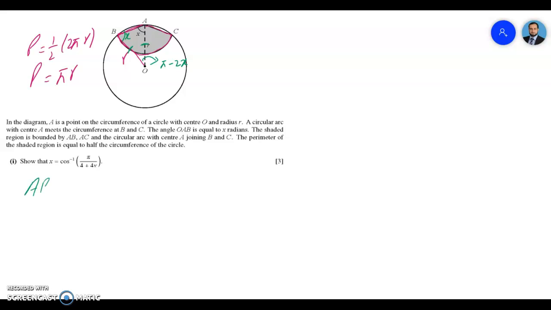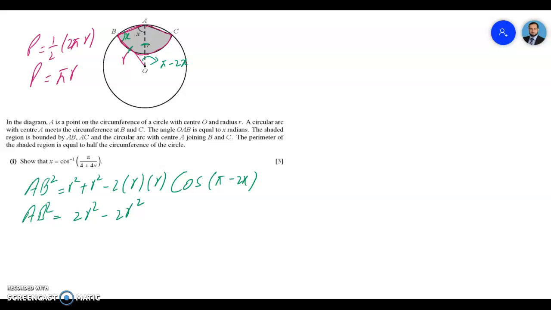If we apply the cosine rule, AB squared is equal to r squared plus r squared minus 2 times r times r times cos of pi minus 2x. If we simplify this, it is 2r squared minus 2r squared times cos of pi minus 2x, and since cos of pi minus 2x is equal to negative cos 2x, this makes it a positive sign, and it becomes cos of 2x.